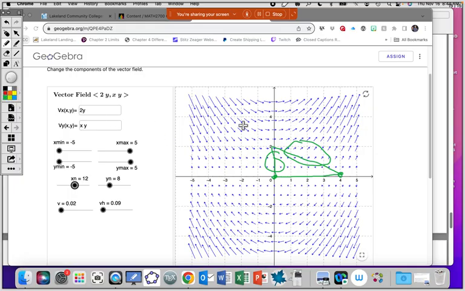If I look at what's called the streamlines of this, we'll talk about those later too, you can see that we've got stuff coming in through this side and stuff leaving on this side. But there's more stuff getting across and leaving here than there is coming in over here, which is why the net outward flux is positive.